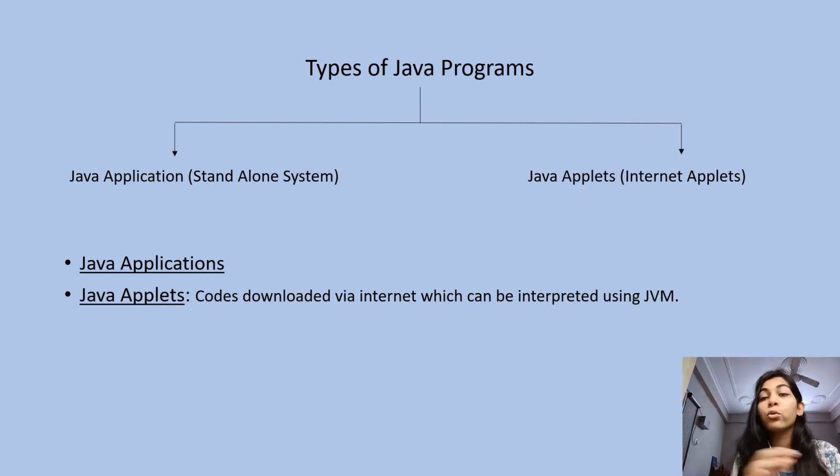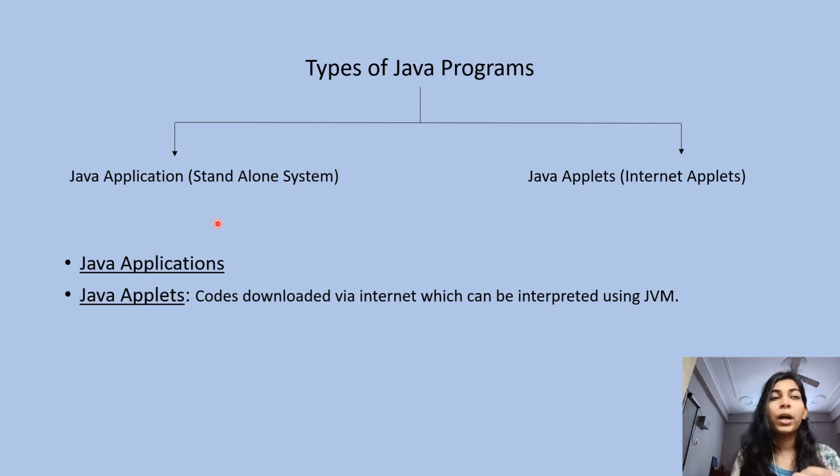So now you know how JVM was referred to for converting Java bytecode into the machine code, right? Now, the application program requires a main method. If any one of you have written the basic structure of a Java program, you write public static void main.